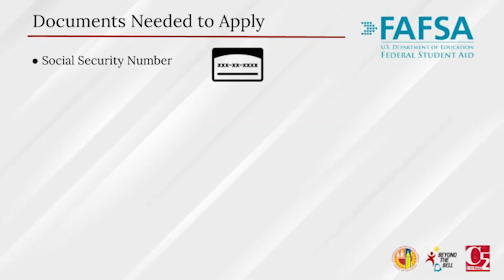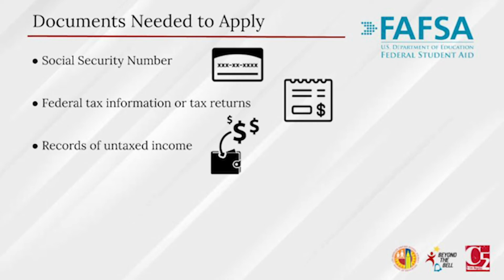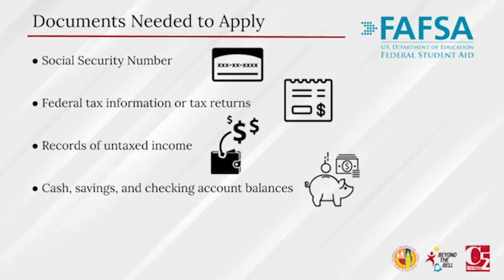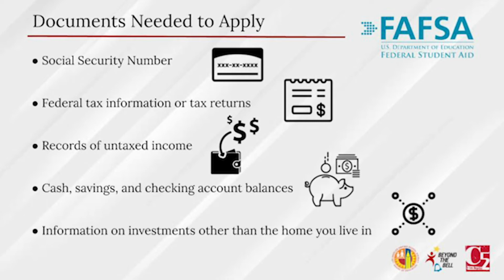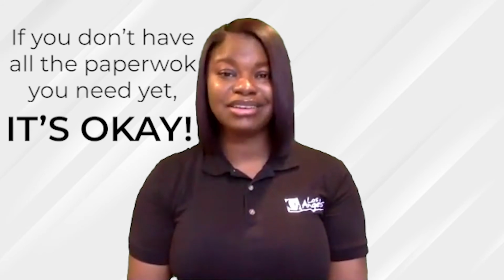In order to complete the FAFSA, you will need the following documentation from yourself and or your parents and legal guardians: Social Security number, federal tax information or tax returns, records of untaxed income, cash, savings, and account balances information, and information on investments other than the home that you live in. If you don't have all the paperwork that you need yet, that's okay. You can start your application, save it, and come back to it later.